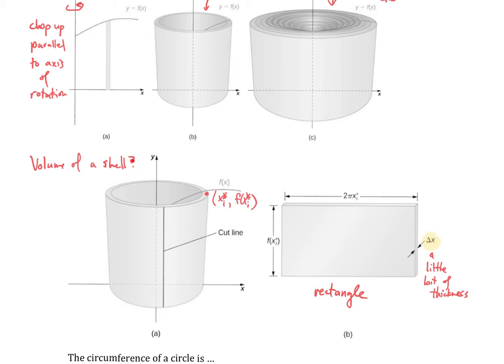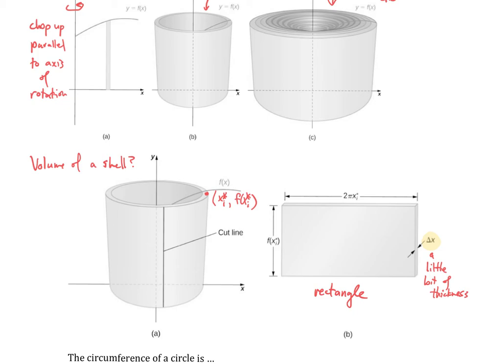So when we want to calculate the volume of this shell, we're going to have to multiply three things together. We have a rectangular slab here. So the height of the rectangle is going to be given by the height of the function. The width of the rectangle is going to be given by 2 pi times xi star.